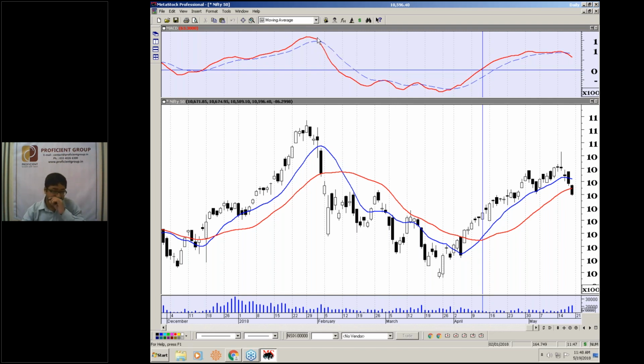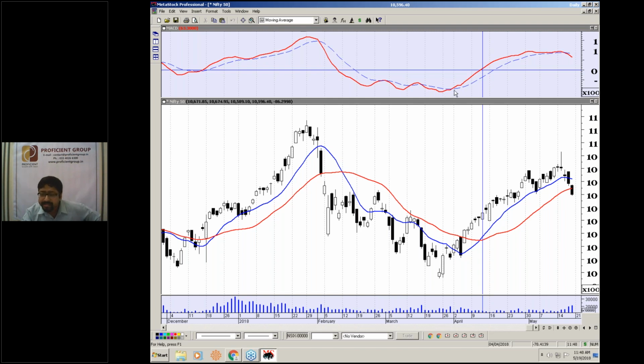When these crossovers occur, we are getting a signal here, right? Suppose this is a bearish crossover signal, so we are getting a sell signal here. Suppose this is a bullish crossover signal, so we are getting a buy signal here.